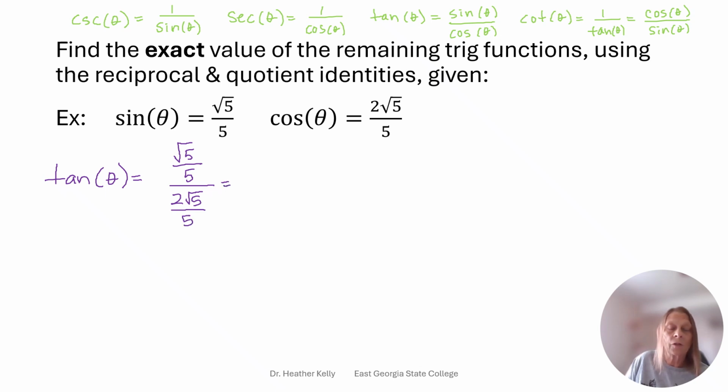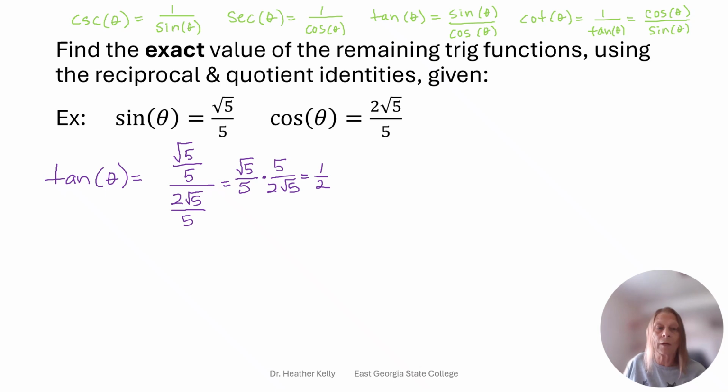Okay, so remember we did a little bit of this. We've got a complex fraction, a fraction divided by a fraction, so we get to stay change flip this guy. So we have the square root of 5 over 5 times 5 over 2 square roots of 5, and when we cancel everything out here, we're left with 1/2.